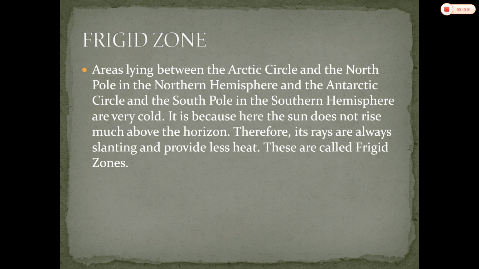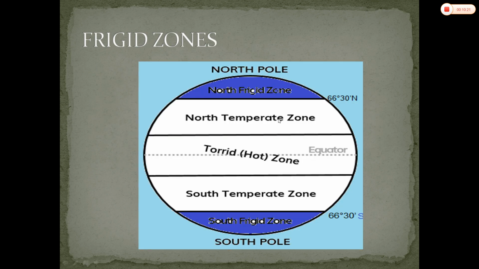That means the sun rises and sets just down near the limit of the sky. That means the sun does not go above the horizon. So these two regions, as they receive very little energy or sunlight, are under completely frozen conditions.